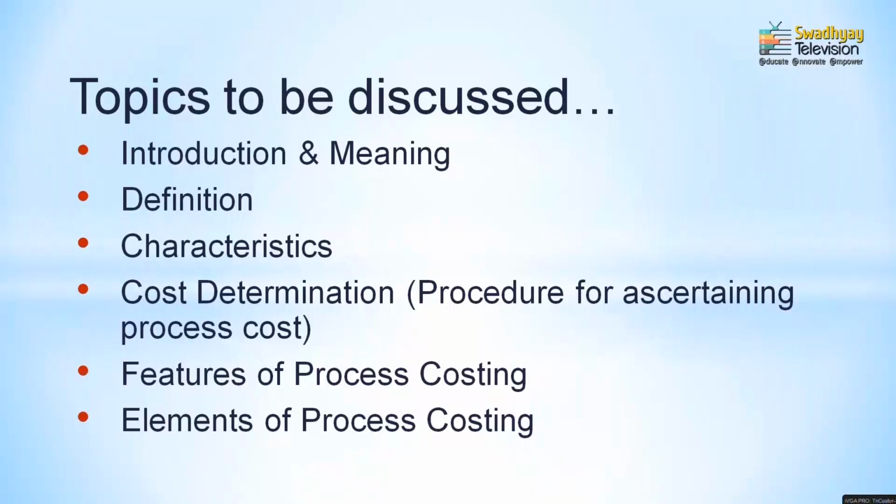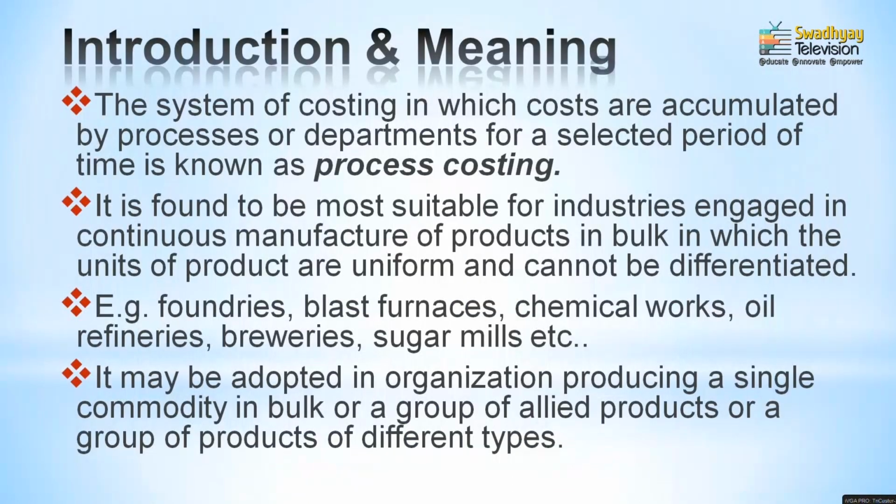Let us begin with the introduction and meaning. What is process costing? It is a part of costing which accumulates the different types of work, cost and expenditures of each department and each process for a particular period of time, which is known as process costing.